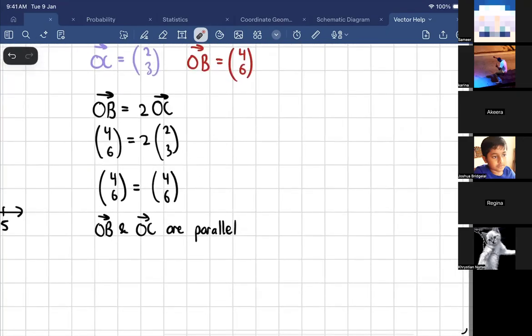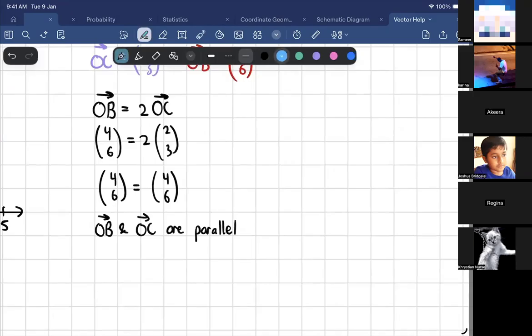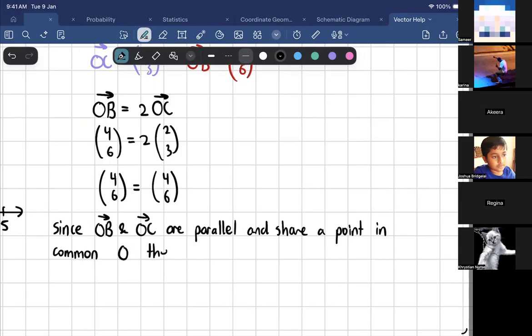So OB and OC are parallel, right? So this is the statement you're going to write. Since OB and OC are parallel and share a point in common, O, they are collinear.